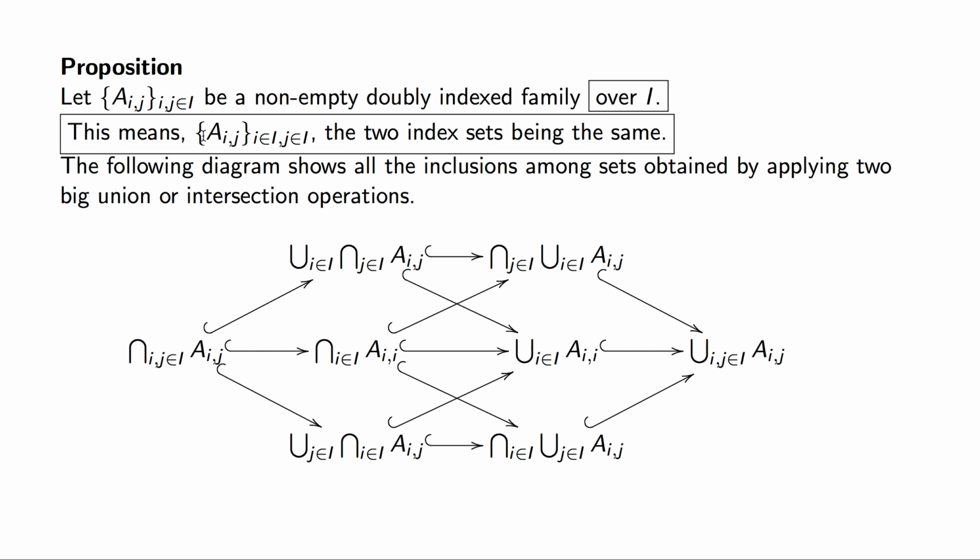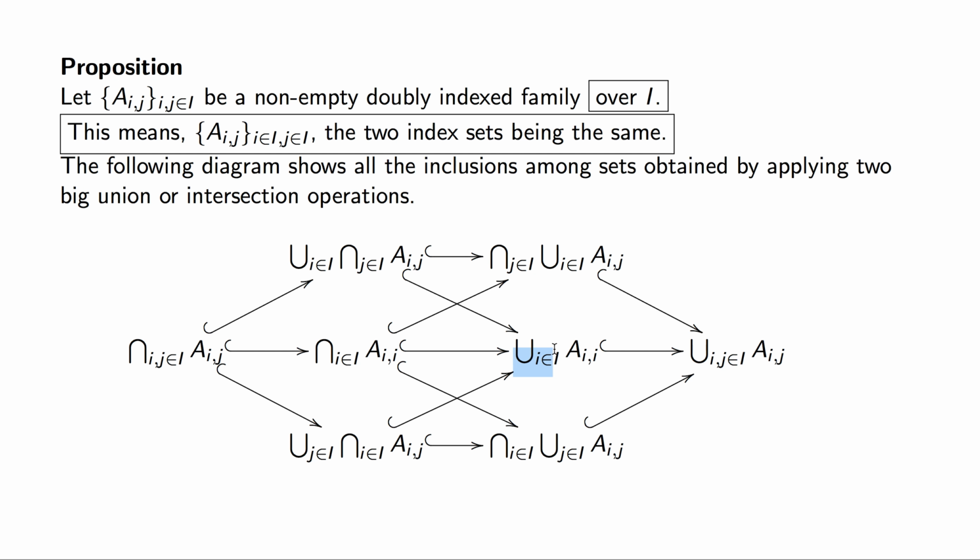I cannot highlight, but the two index sets are the same. And again, I will be applying unions and intersections in all possible ways and looking for the inclusions among the resulting sets. The diagram is similar to that from the previous proposition, but it also contains these items.